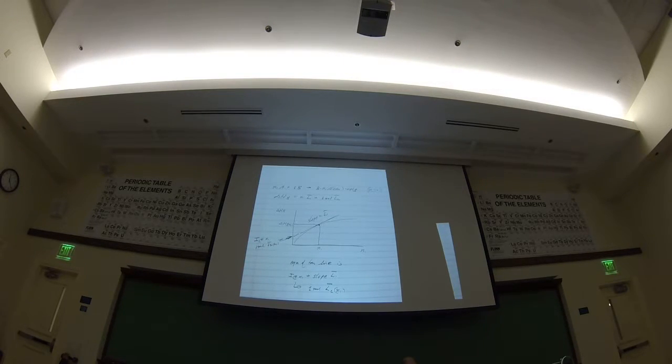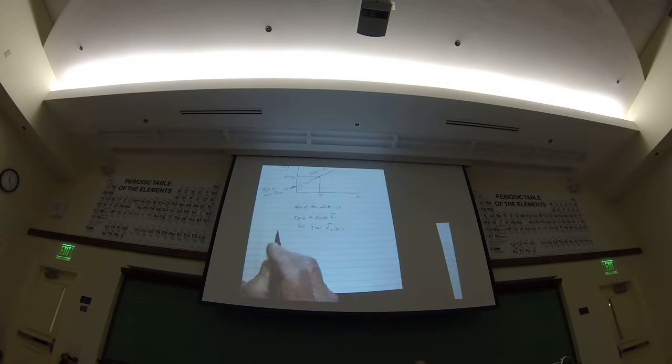And so from this we get L1 bar, which is H1 bar minus H1 0 bar. H1 bar at N1 is equal to the slope at N1.